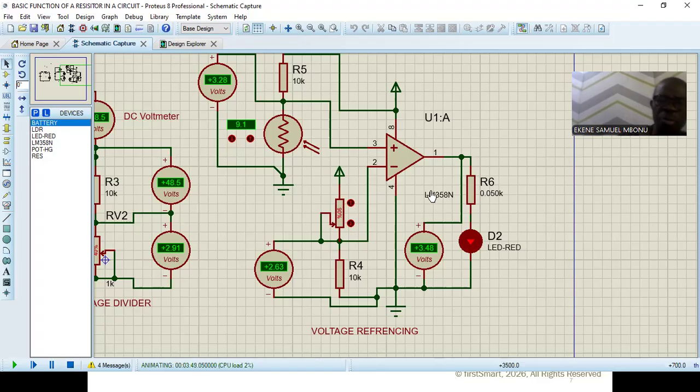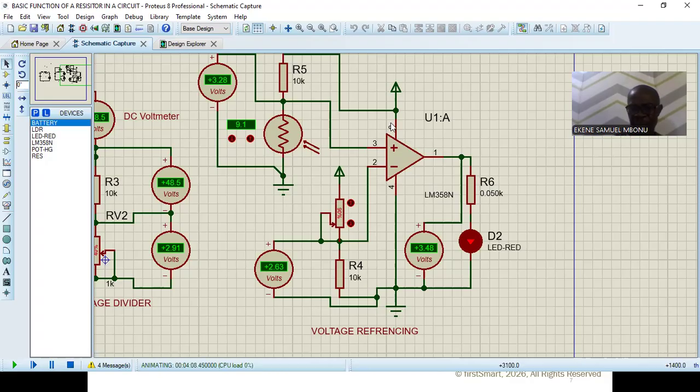So the basic operation of an op amp is that once the voltage connected to the non-inverting, that's the positive pin, is bigger than what is connected to the negative pin, the output will be equal to 1, or what we call high.